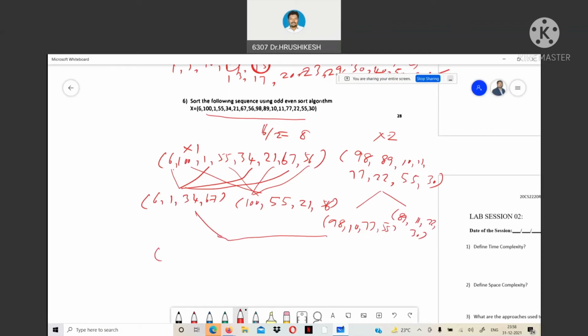So when they are merging, they should be 1, 6, 10, 34, 55, 67, 77. And even we need to merge.